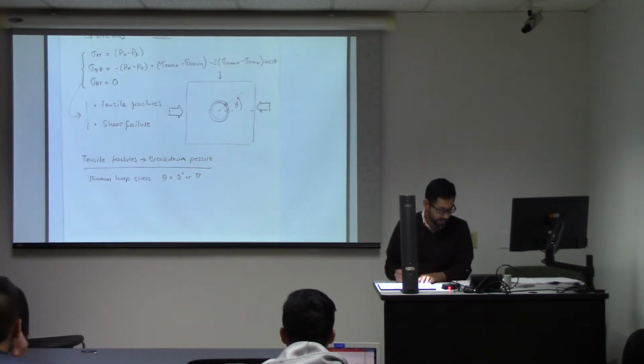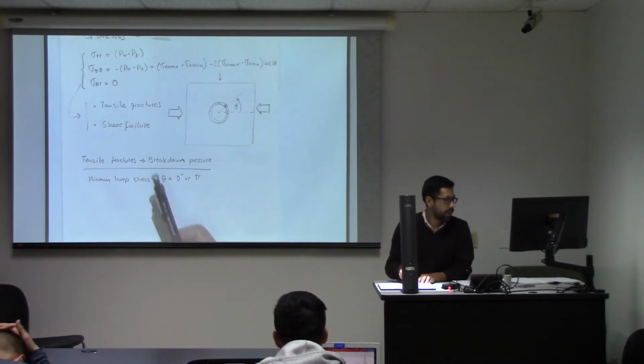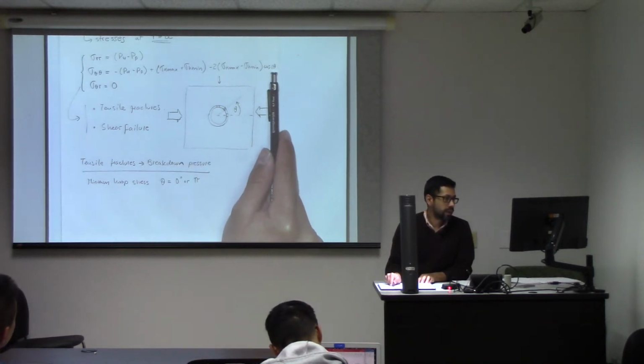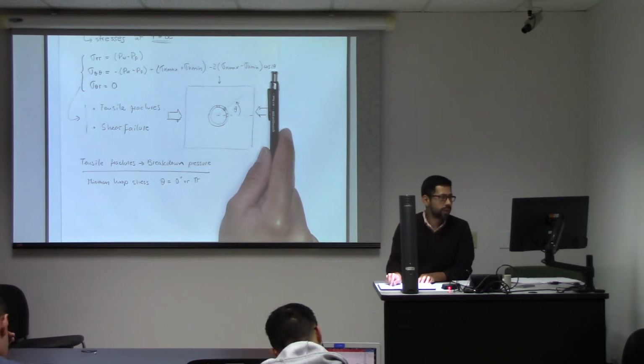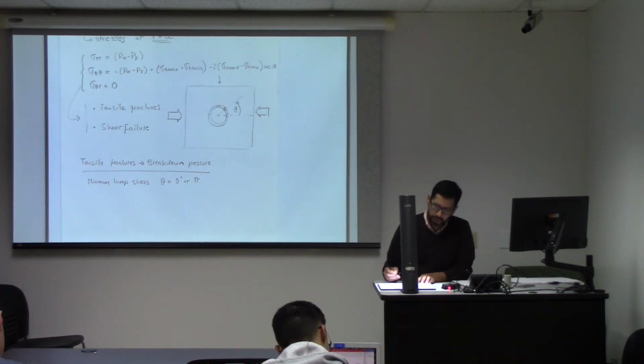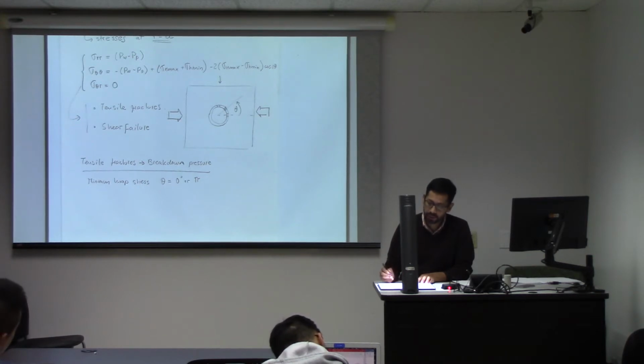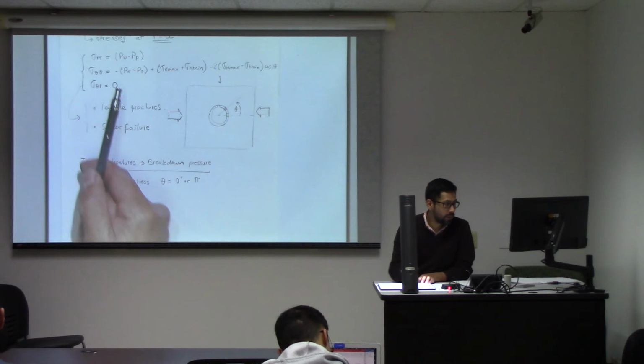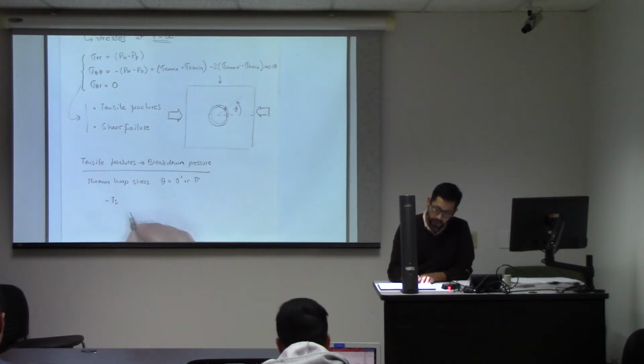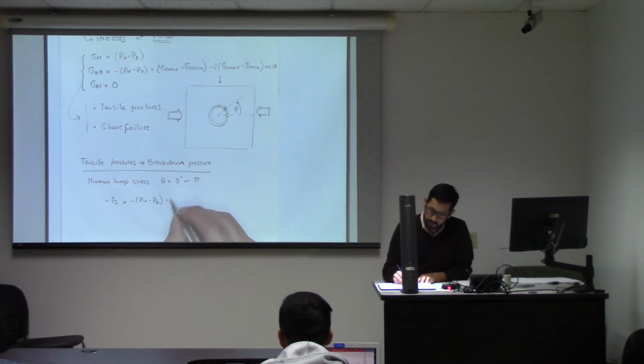And you will see that if we replace now in this equation theta equal to 0, what is the cosine of theta equal to 0? It is equal to 1, right? And for sigma theta theta, now I'm going to say that the value of the hoop stress is going to get to the value of the tensile strength. So this equation over here, look how I'm going to write it. I'm going to write that the hoop stress is going to reach the tensile strength, and everything over there is the same.